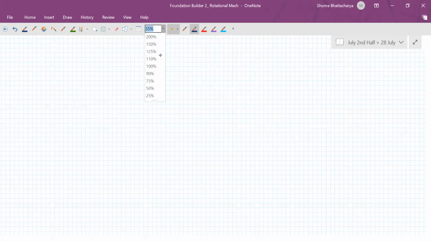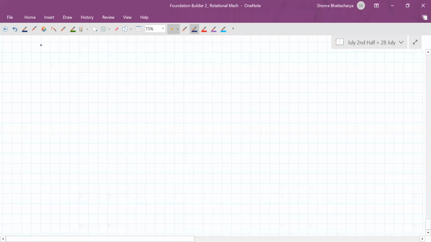Okay, now a few more aspects about the kinematics of rolling. And as I said, rolling generally means rolling without slipping.